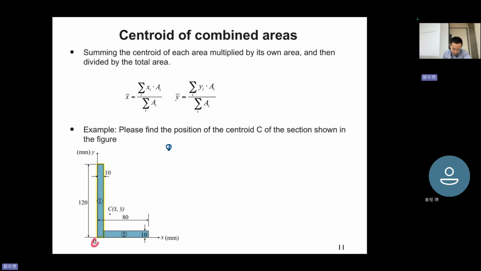You see, we should say O, okay? So A here, and we will use green for the second square, okay?